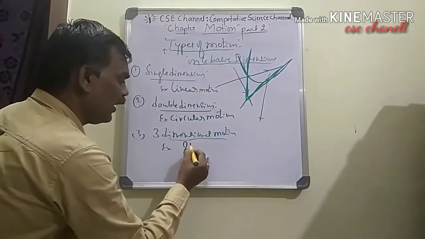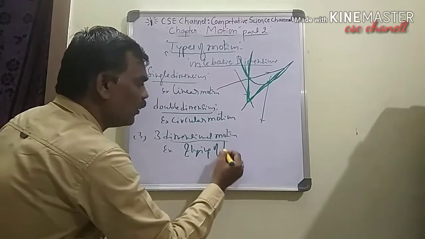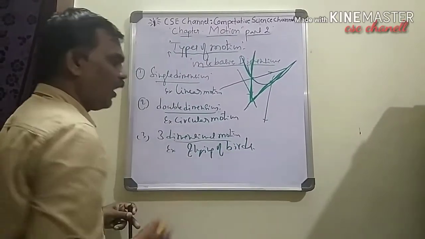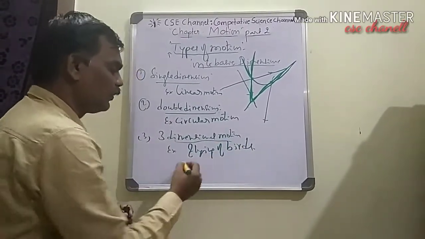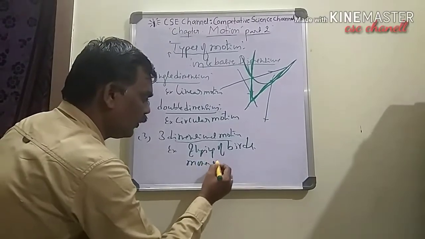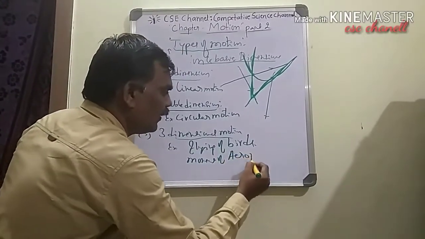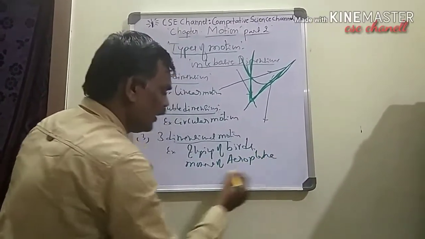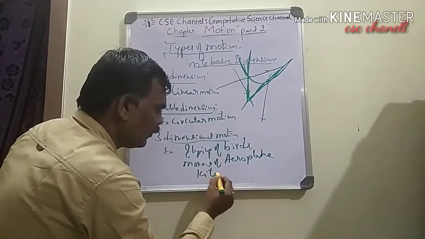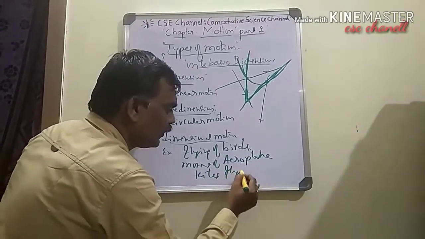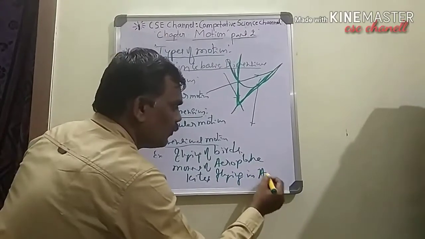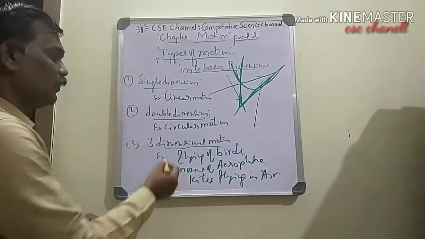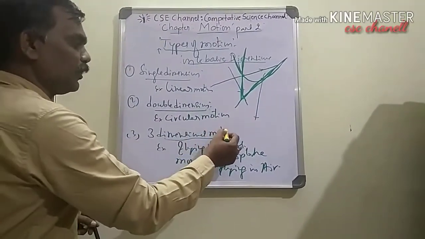Example, flying of birds, movement of an aeroplane, and even kites flying in air. The movement of kites also shows three-dimensional motion.